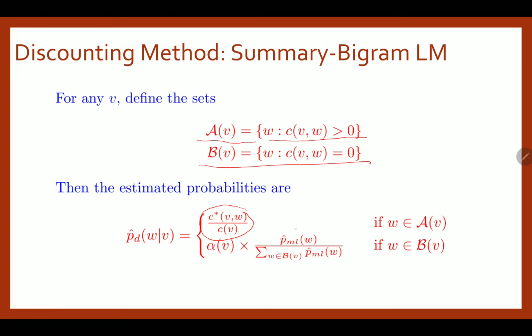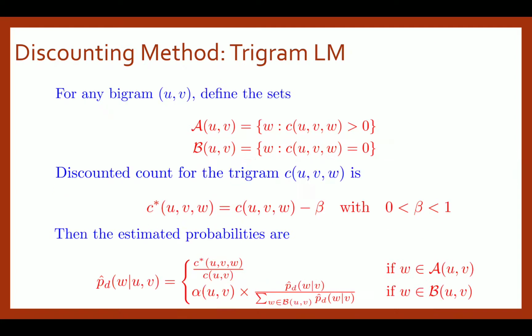For all those cases, you readjust the probability distribution. So that's the discounting method. And the trigram almost goes very similar to the bigram.